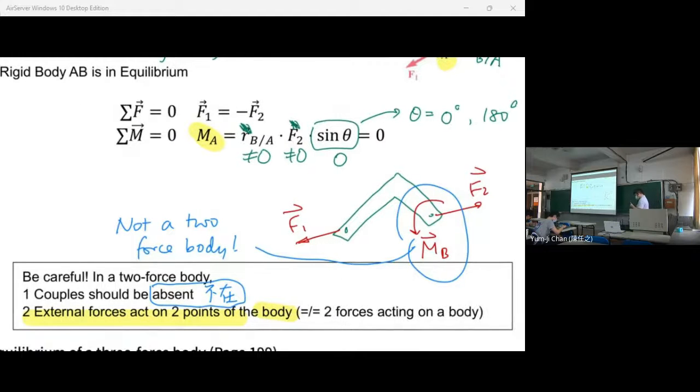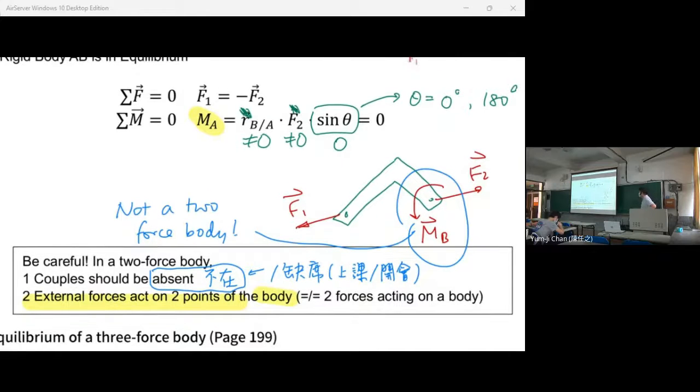And if you look at the dictionary, absence usually means 缺席. So here absent means we do not have moments. We do not have couples. Okay. A very good question.